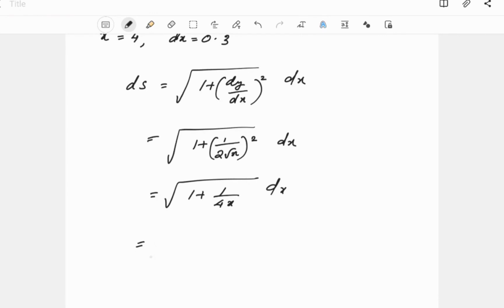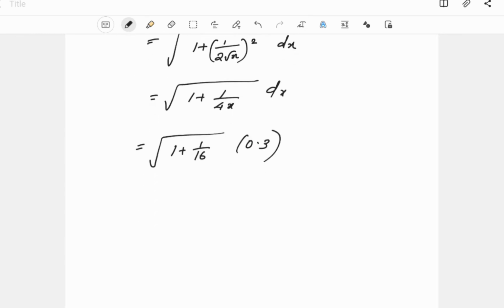So we have root of 1 plus 1 by 16, times 0.3, which is root 17 by 4 times 0.3, equal to 0.309. Therefore the approximate arc length is this. Thank you.